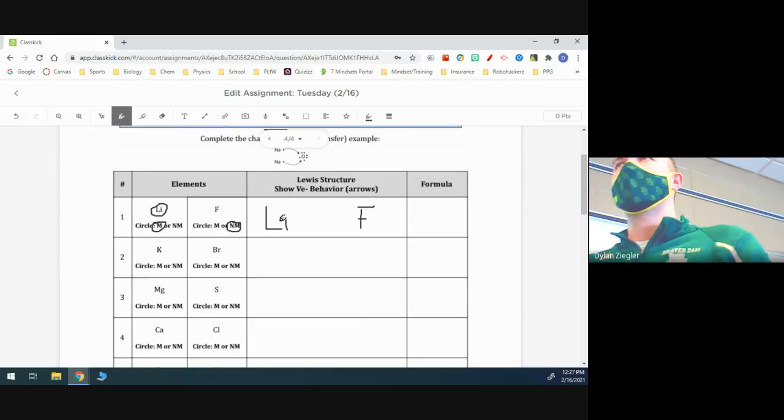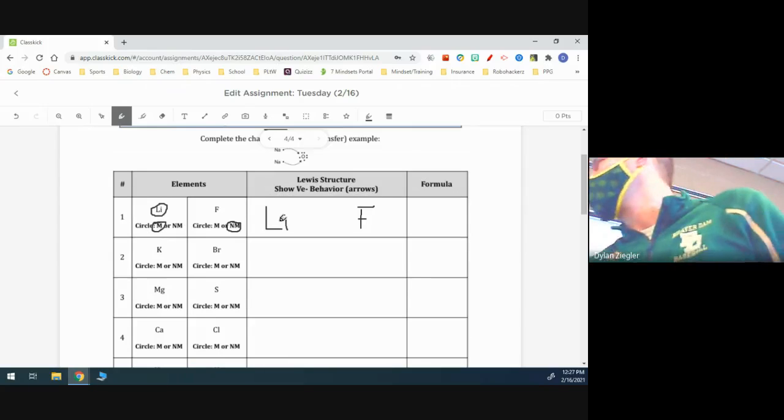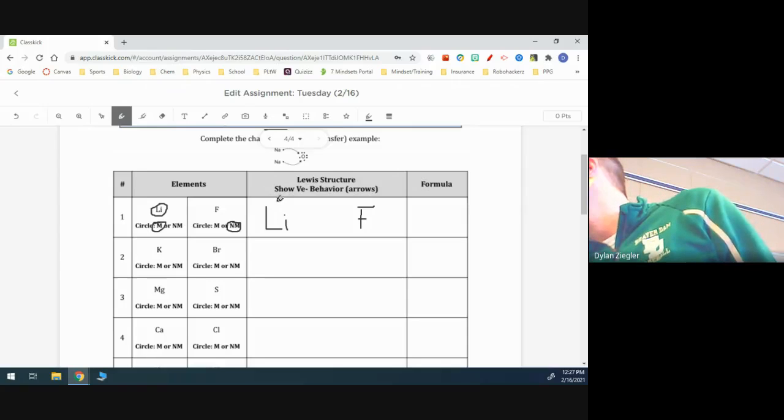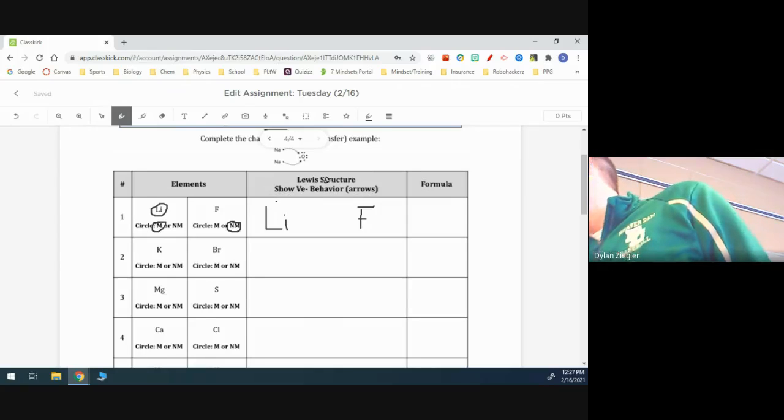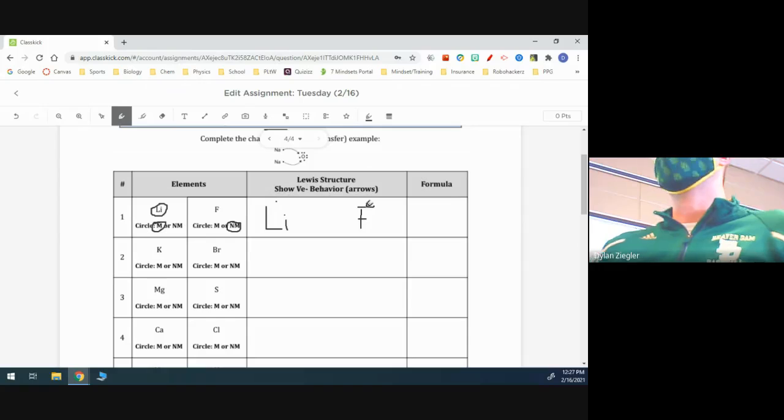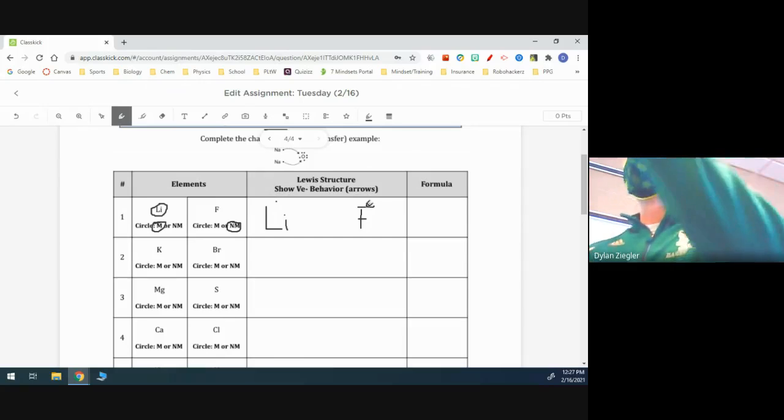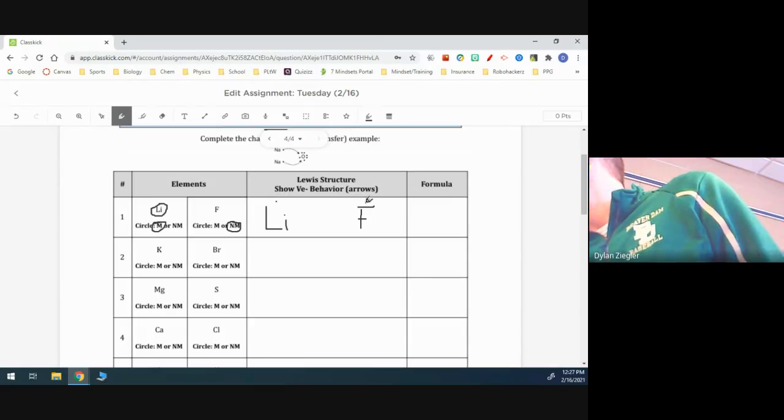So lithium is in the first one, so it's only going to have one dot. So I put a dot there. Fluorine is in the 17th, or the 7th one if we skip those intersections there. So it's going to have 7 dots. 3, 4, 5, 6, 7.